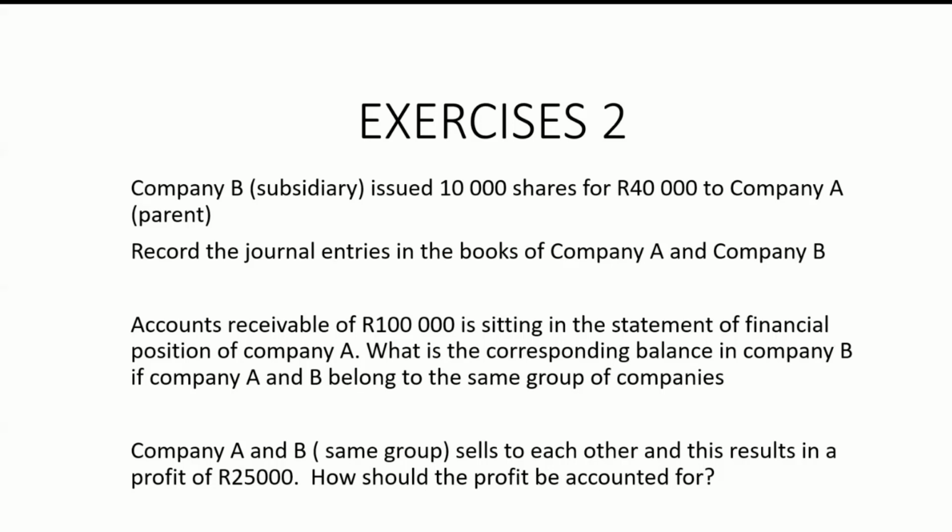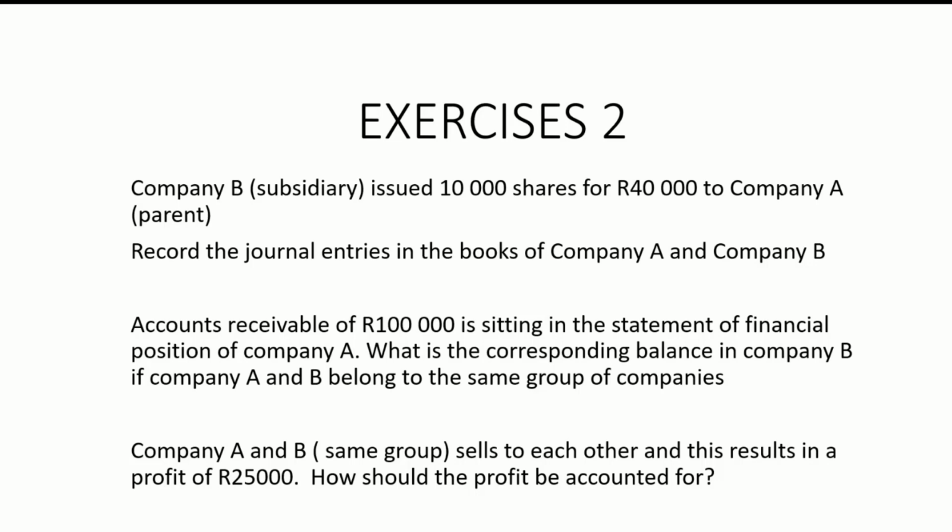When you are a subsidiary and a parent, and you form a group of companies together, the transactions will see you as one economic entity. And since you are one economic entity, you cannot sell to each other and make a profit. That is not allowed according to International Financial Reporting Standard 10. That should be eliminated. So companies cannot sell to each other. You cannot sell to yourself.